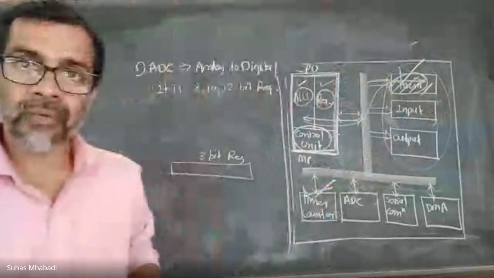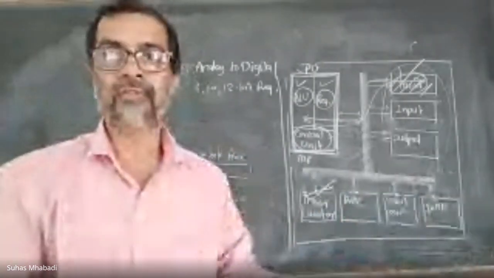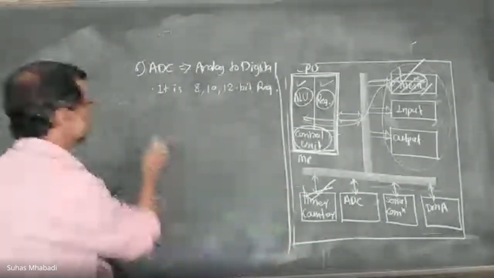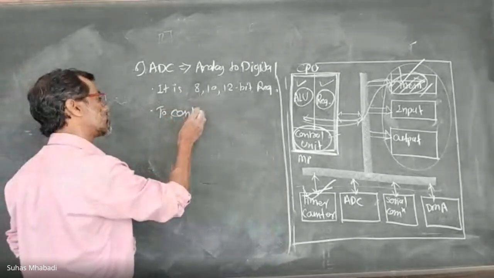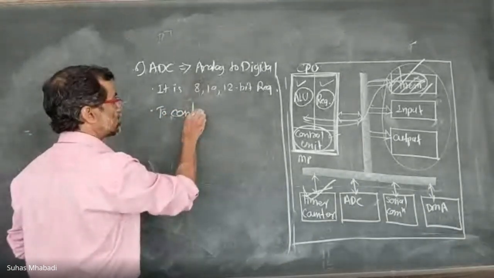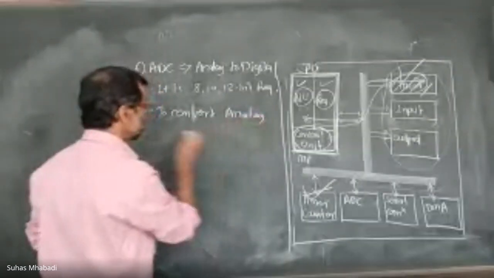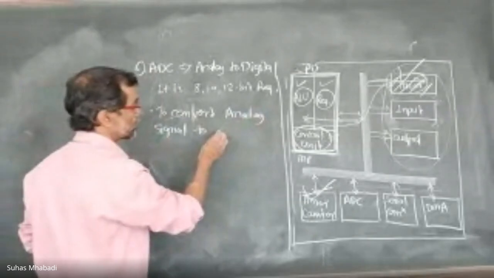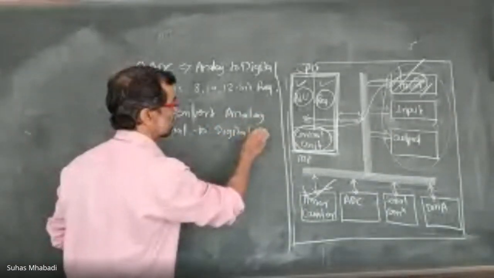Now what will it do? It will convert the analog signal to a discrete format. So it is used to convert an analog signal to a digital signal.